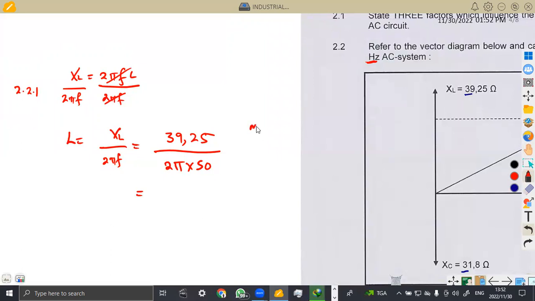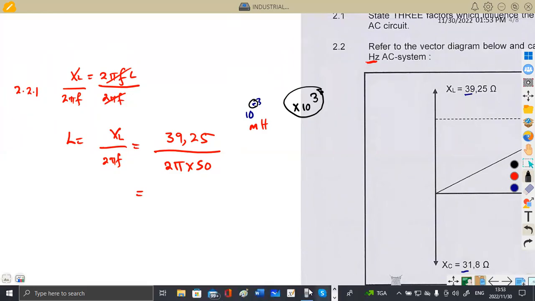For you to convert to millihenries, remember milli means times 10 to the power of minus 3. So you're going to do the opposite. You multiply by the opposite, which is times 10 to the power of 3. The opposite of minus is a plus 3.